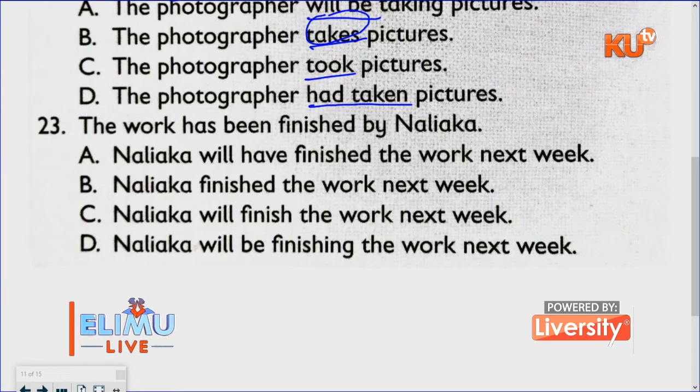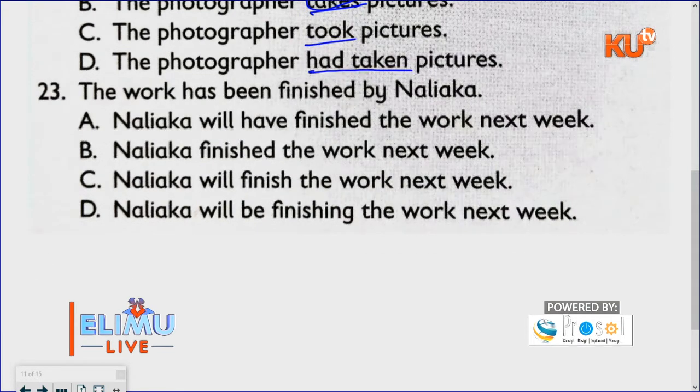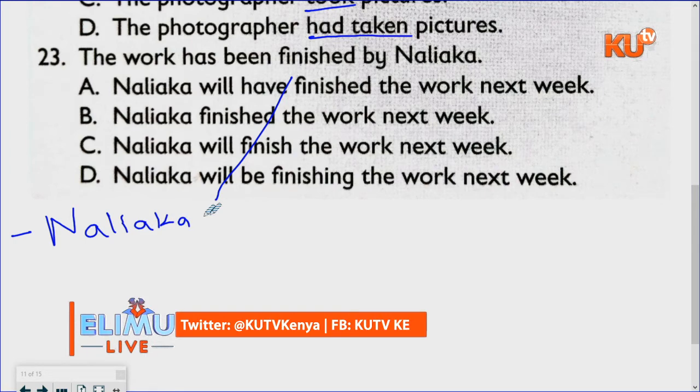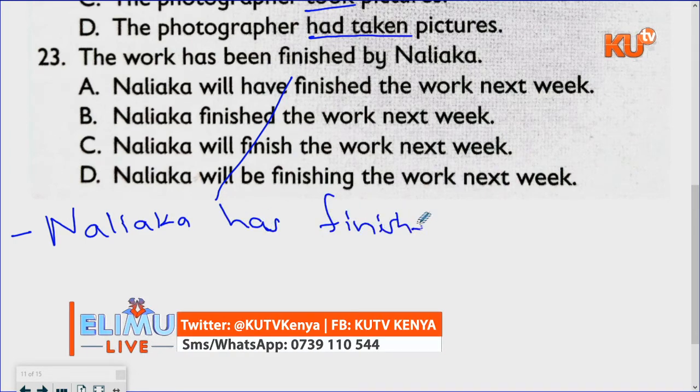So the correct answer there, let me write for you, is Naliaka has finished the work. So all these choices have an error. So the correct answer there is Naliaka has finished the work.